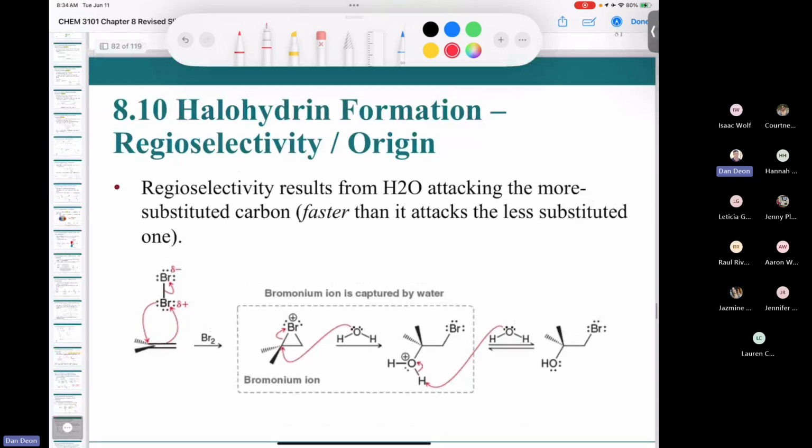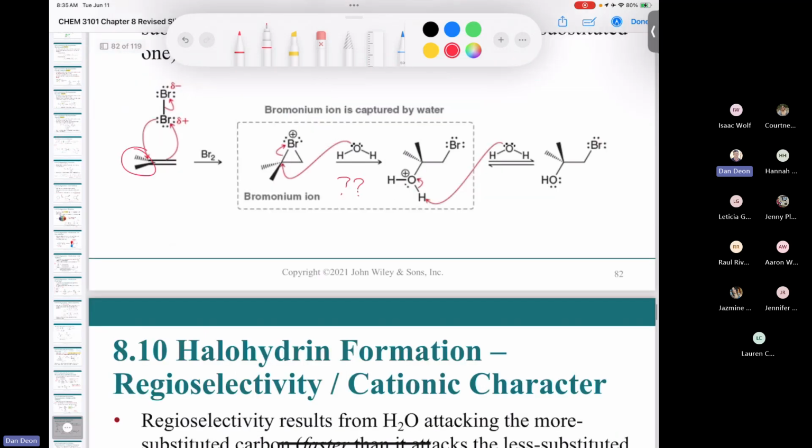It says here the regioselectivity results from the water attacking the more substituted carbon faster than it attacks the less substituted one. So here you see we have the two methyl groups, and that is where the water attacks. Why would this happen? Again, it doesn't have anything to do with sterics. It's an electronic effect.